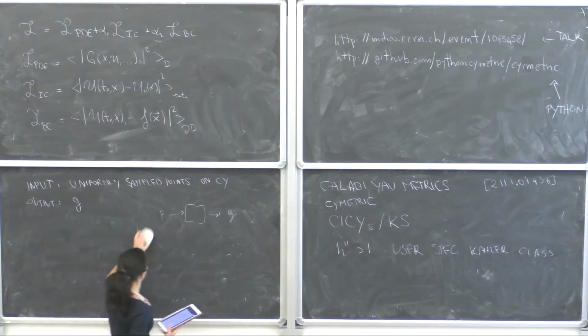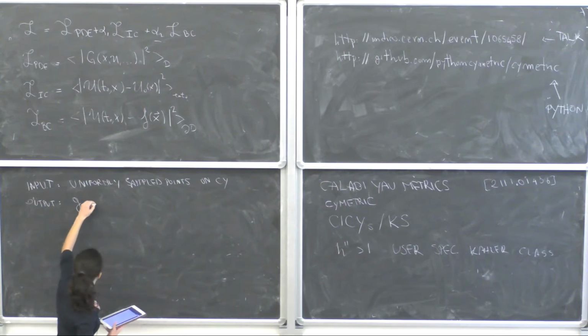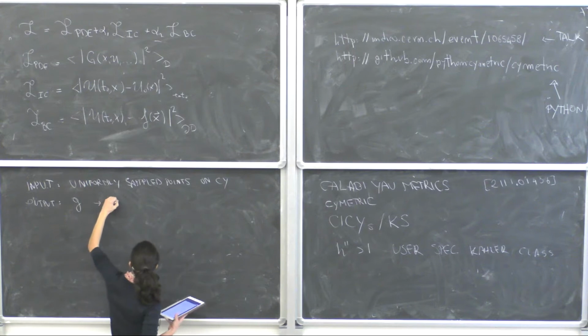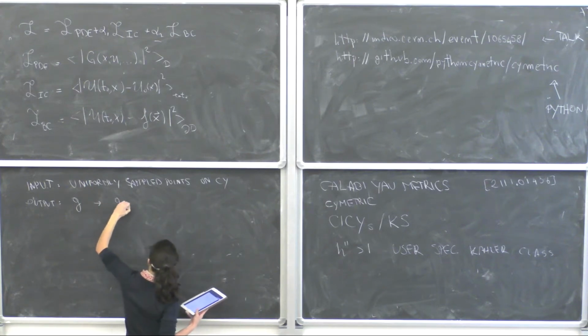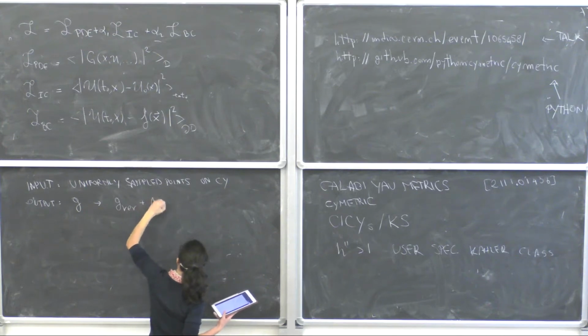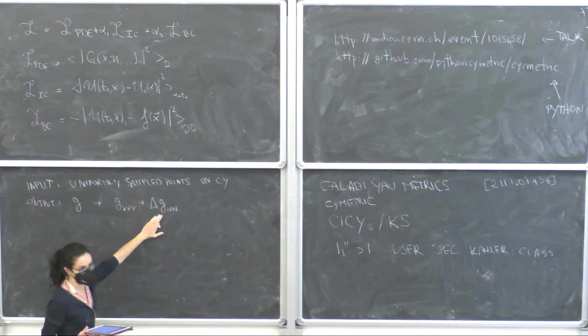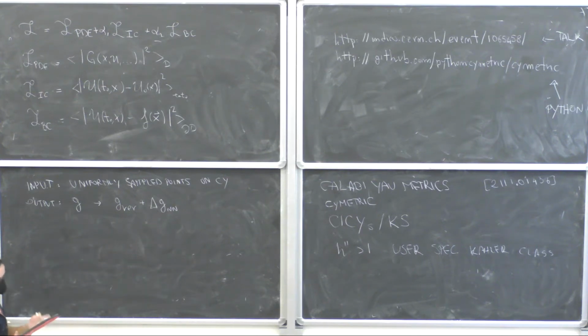So they found a way of improving performance: they defined a reference metric, and the output of the neural network would be just a correction to the reference metric. I'm going to talk about this reference metric in a second.